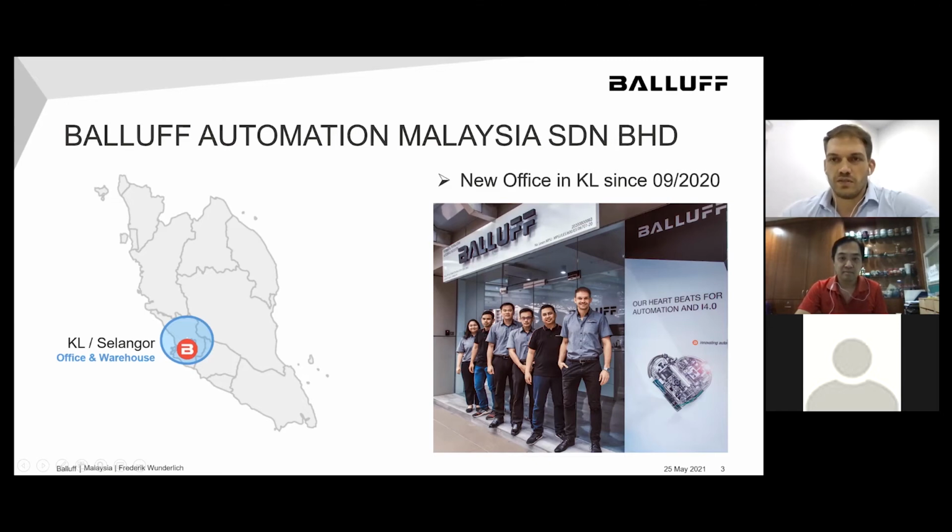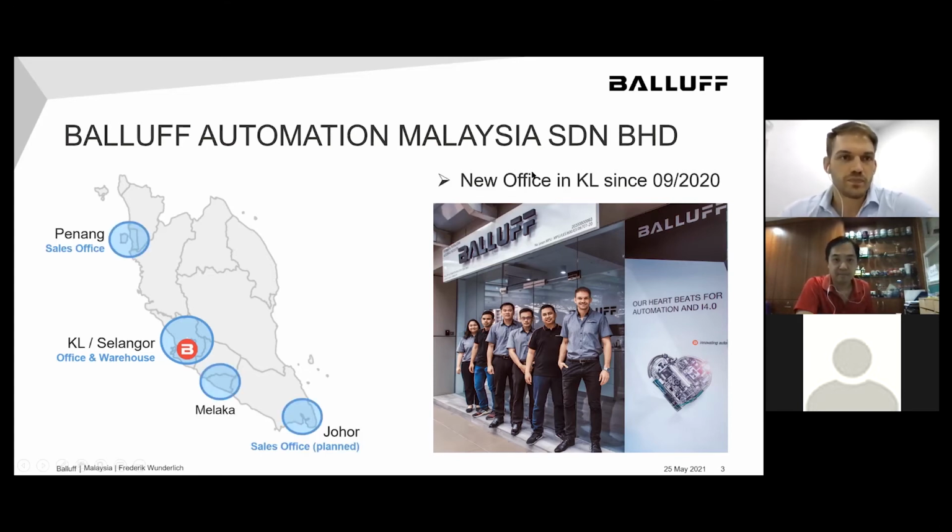We just incorporated our office in September last year. Before that, we were active from Singapore. We have one very important sales office in Penang, and we also serve the Melaka market as well as Johor, and we plan a new sales office in Johor within the next 1 or 2 years.